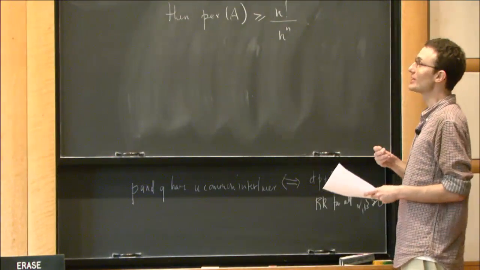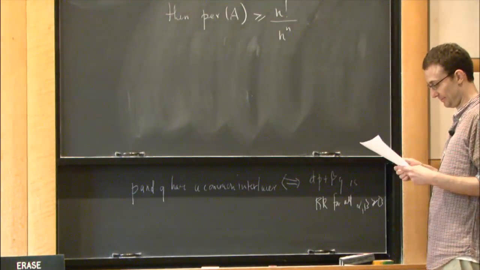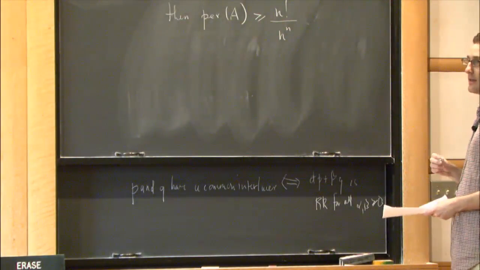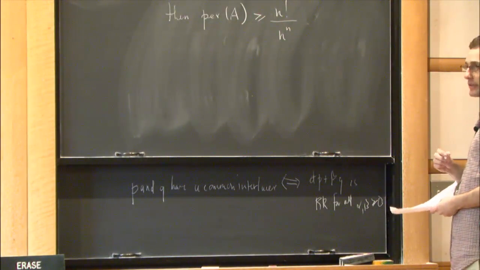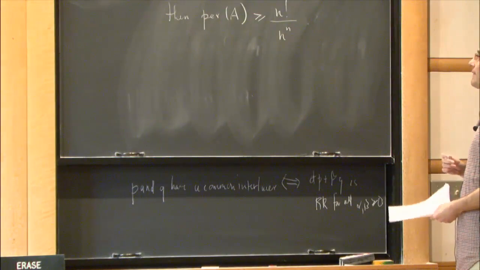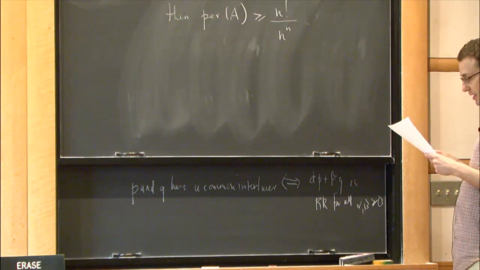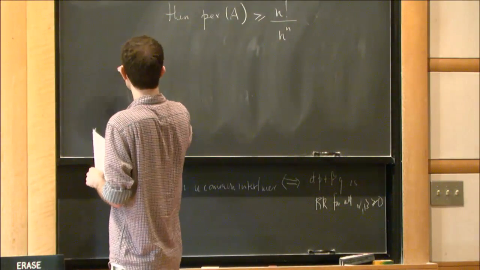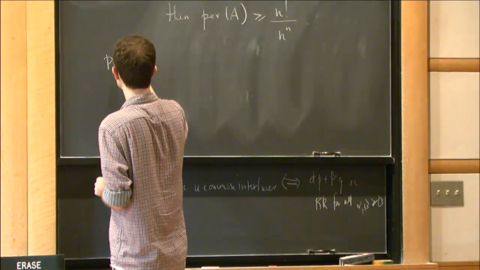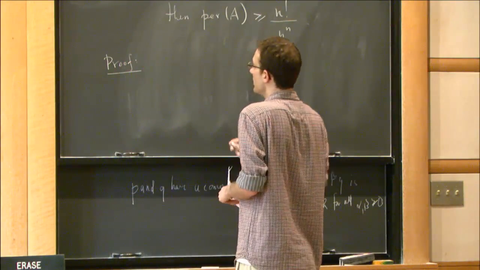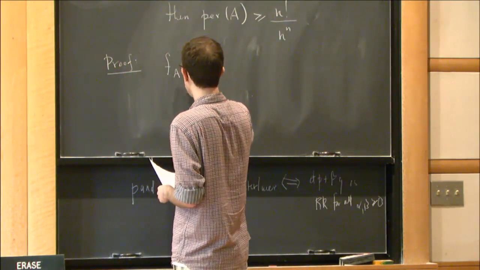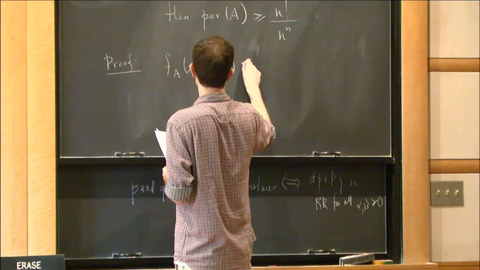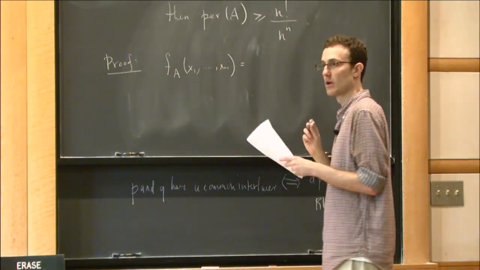But in the way that we're going to see it, it is due to Gurvits. The proof also gives much more than the original proof. Okay, so here's the proof. Given A, I'm going to write a polynomial, f_A.